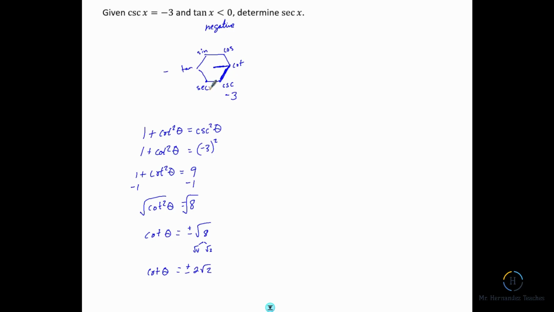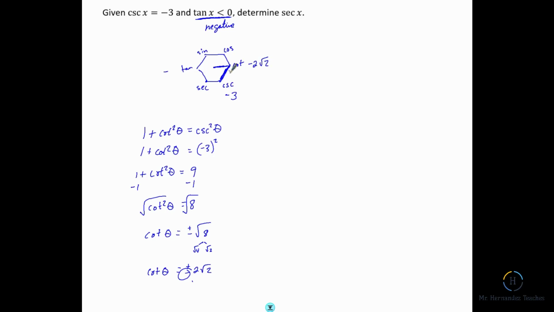I have plus or minus 2 square root of 2, and I need to determine, is this going to be positive or negative? Well, cotangent is the reciprocal of tangent. They need to have the same sign. Since tangent is negative, I know that cotangent is negative. So let me fill this in: negative 2 square root of 2.